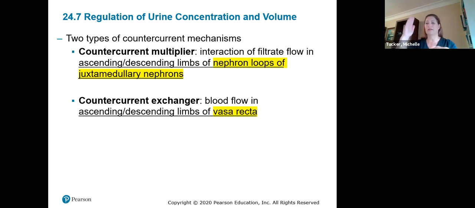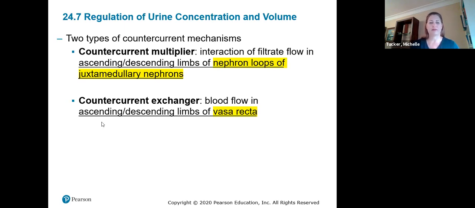It's going down and then back up. The other important factor is the difference in permeability. So there are two things required to make this setup work. The first is that the limbs run countercurrent. The second is that they have a difference in permeability.